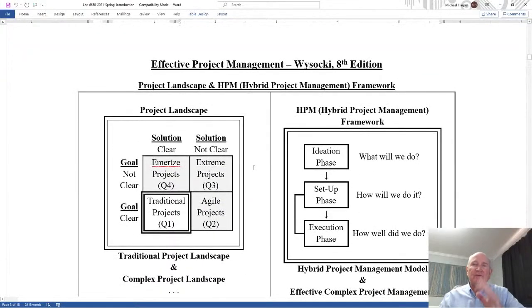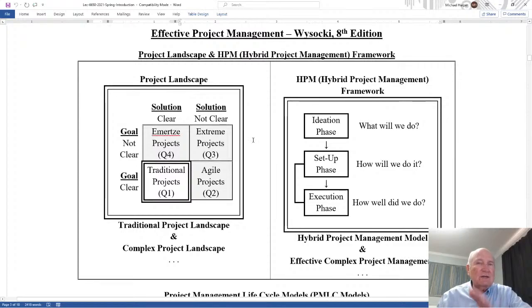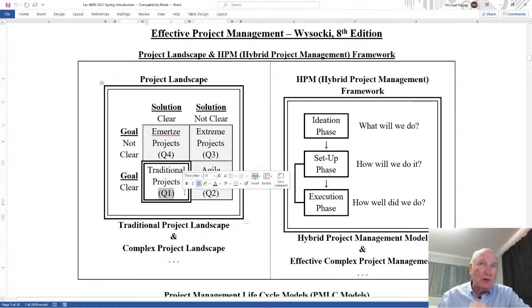Then we go into the first part of it with PMBOK, then Wysocki. Well, Wysocki has a little bit different approach. It's saying, here's PMBOK, but then here's how you would apply it to be effective. Hence, effective project management. And I could change effective to practical project management or efficient. His approach includes something called a project landscape, where the traditional projects are in quadrant 1, Q being a quadrant.